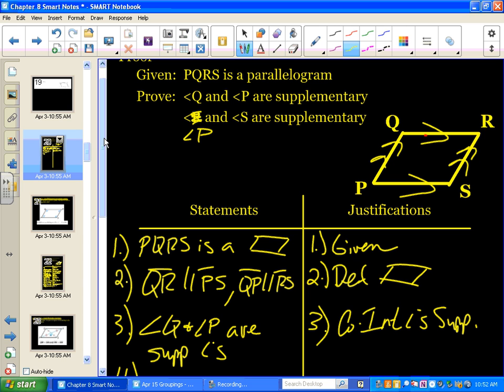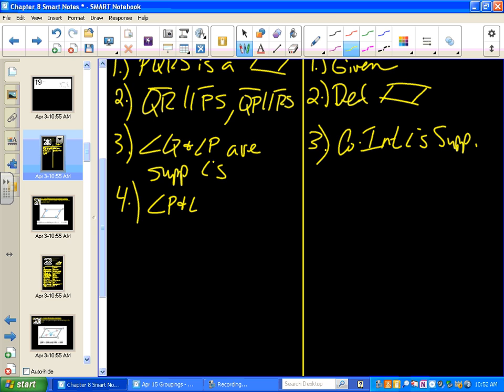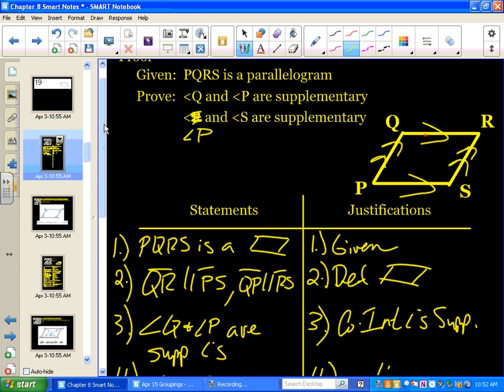What else do we know? Colleen. Good. P and S are supplementary. And that's going to be the same justification. What else do we know? Tell me everything else we know. Because these lines are parallel, what else do we know? We know Q and P are supplementary, P and S are supplementary. What else is going to... Molly.